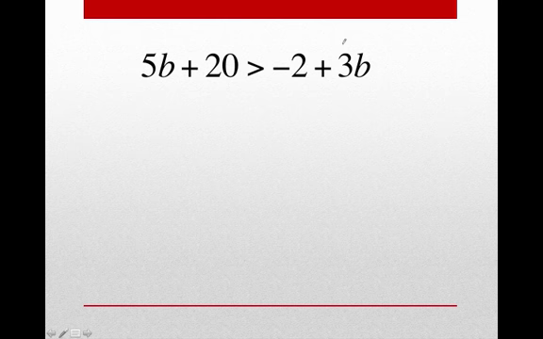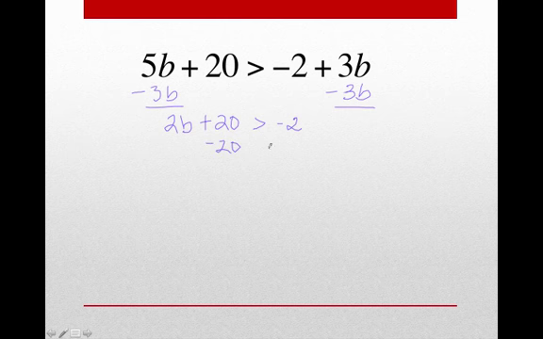Notice that on this side I've got a 3b, and on this side I've got a 5b. Well, I'd rather keep my variable positive so that I don't have to worry about flipping my inequality. So I'm going to start by taking 3b away from here on both sides. So I'm left with 2b plus 20 is greater than negative 2.